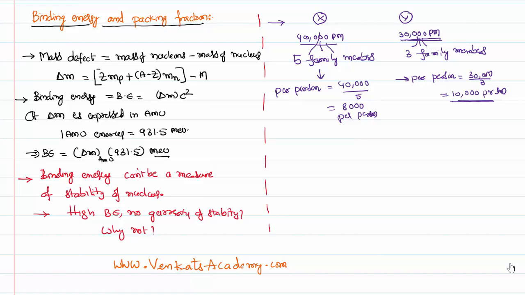Exactly the same thing is what I am trying to tell now. It's not the high binding energy that is important. How much that binding energy has to be shared across the nucleons is important.